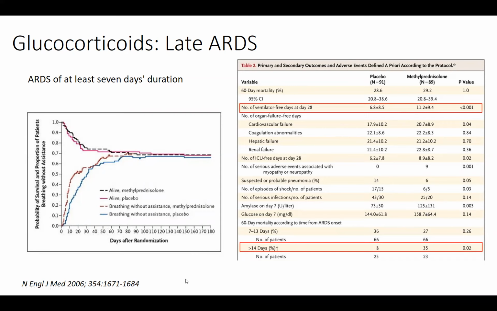This is a mixed population, not just late ARDS. So ventilator-free days in general were improved in this study that used methylprednisolone. But if you look at mortality data for people who had more than 14 days since their onset of ARDS, mortality in the steroid group was higher than in placebo. That's 60-day mortality.